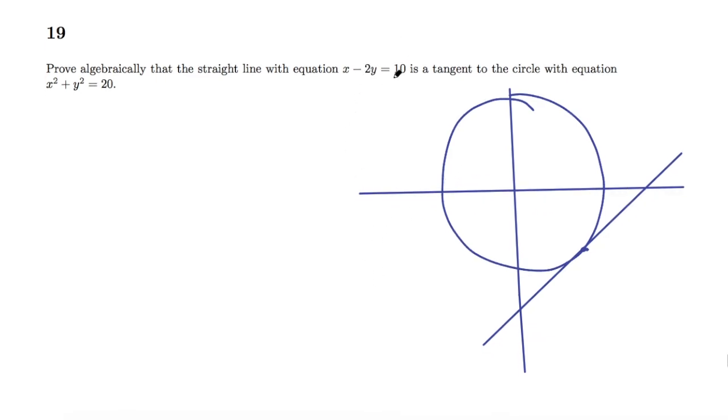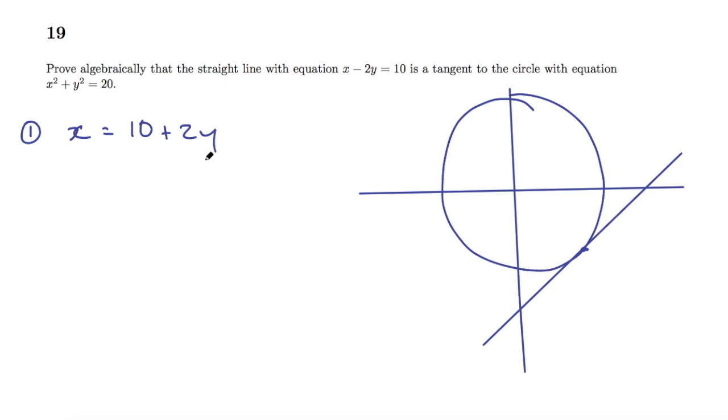So if this line is a tangent to the circle, there'll only be one value of x and y that satisfies those two equations. So let's take this equation x minus 2y equals 10 and rearrange it with one value on the left hand side. So for equation 1, x equals 10 plus 2y.